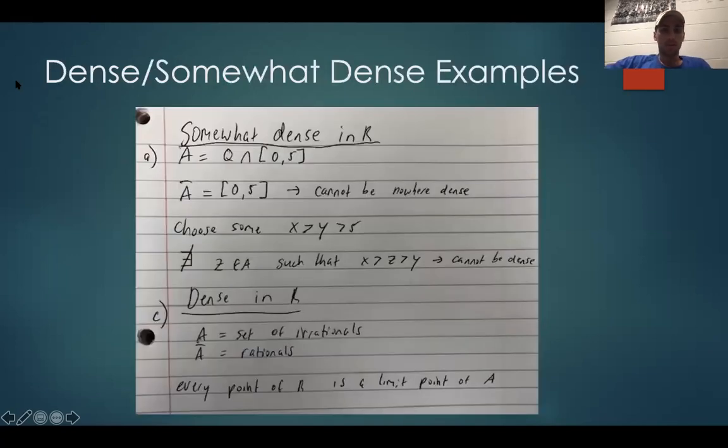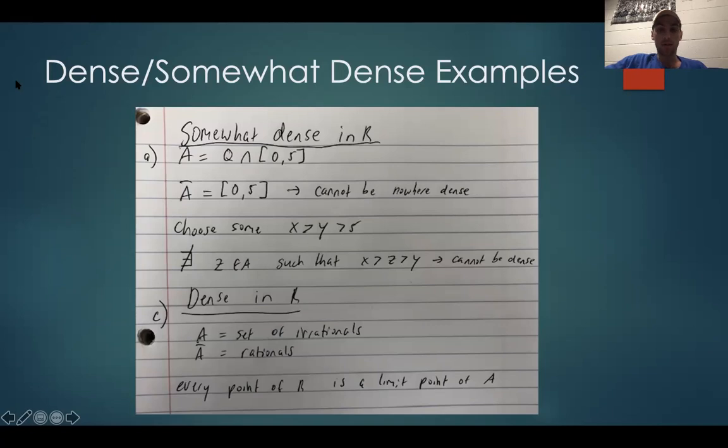So examples A and C are what somewhere dense and dense sets look like in R. For the first one, it's the intersection of Q with the interval (0, 5). Since part A has a non-empty open interval, it can't be nowhere dense.